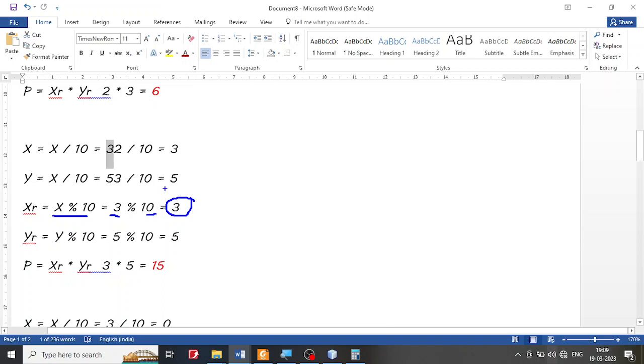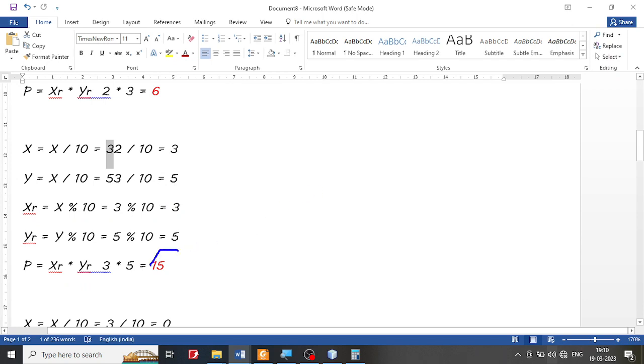Again, y is 5 now. 5 mod 10, 10 cannot divide it, remainder will be 5 here. Multiply them together, this x remainder and y remainder, you get 3 into 5 is 15.